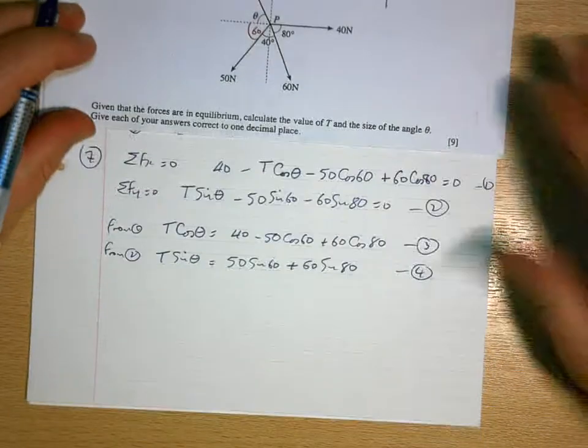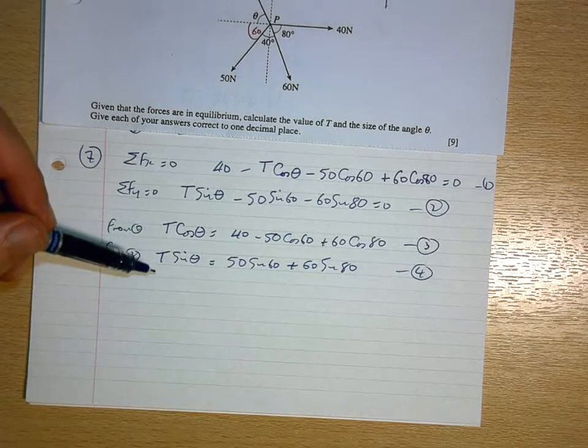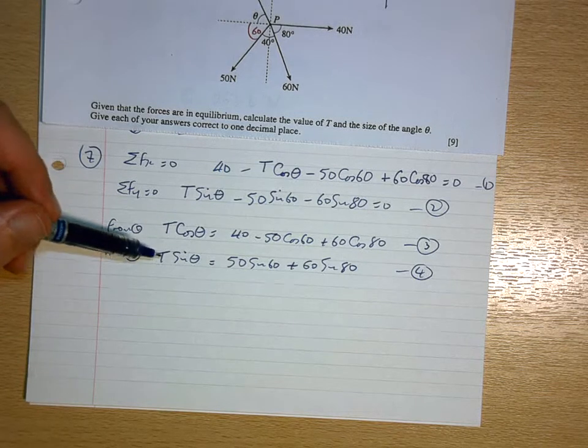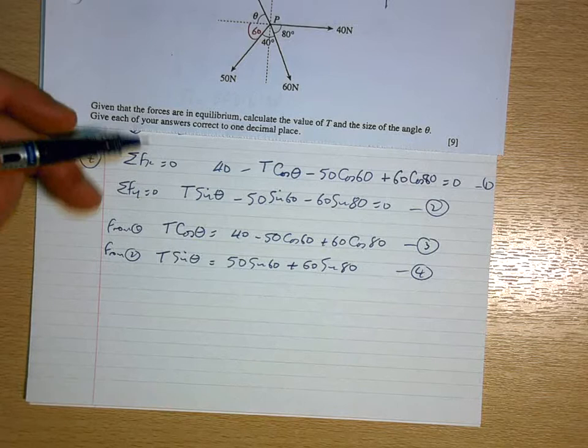Now, in order to find theta, we're going to divide 4 by 3. What will happen then is the t's will cancel, and you have sine over cos, which is tan.